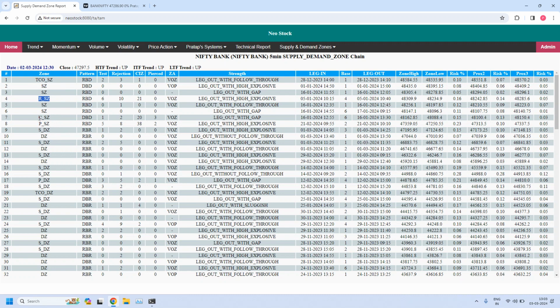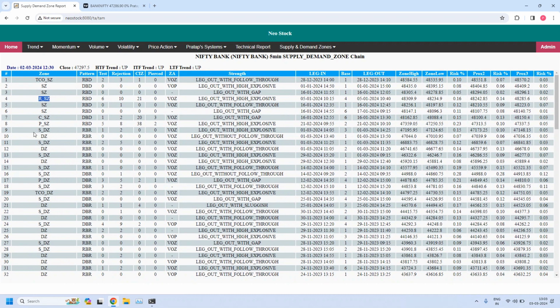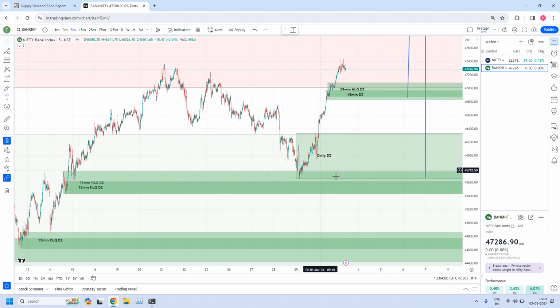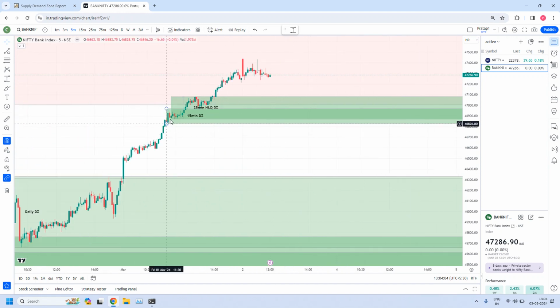And what are the high liquidity demand zones? The 9th one, that is 1/3/2024. 1st March, 2 o'clock, 5 minutes, 3 base candles. 1st March, is it somewhere here?